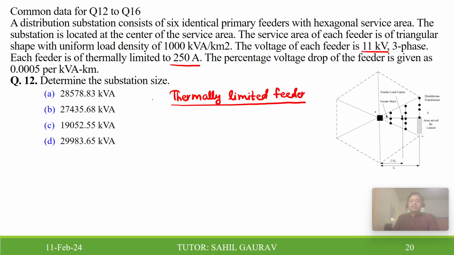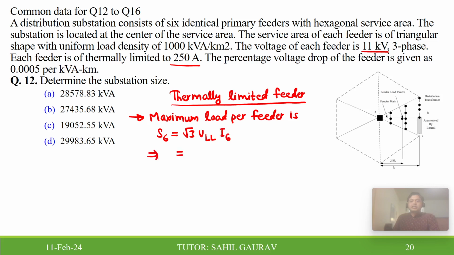Thermally limited feeder, so we can write the maximum load per feeder is, the maximum capacity of each feeder is S6, so it will be root 3 VLL I6.